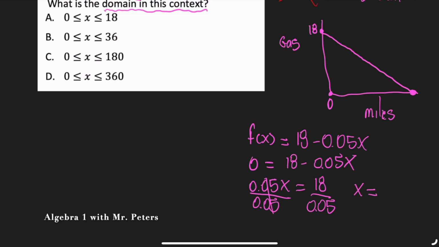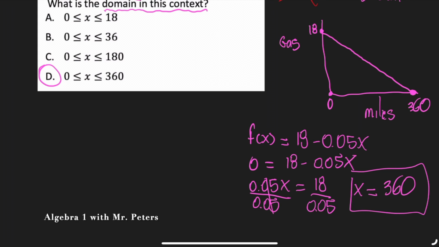We're going to get 360. And like I said, guys, this is the upper limit. So once we get to 360 miles, that means there are no more gallons of gas available. So our answer would have to be D, and this is why.